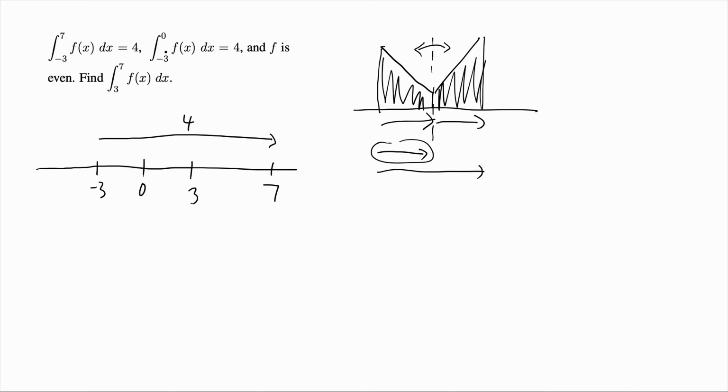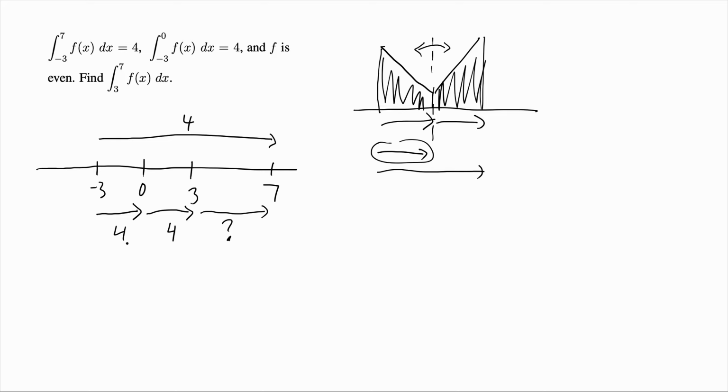And we also know that the integral from negative 3 to 0 is, in this case, also 4. All right. Now, since f is even, we know that if we go from 0 to 3 like this, it'll be the exact same thing again. It'll be 4 again. So the question is, what does it have to be right here so that totally from negative 3 to 7, it's going to be 4?